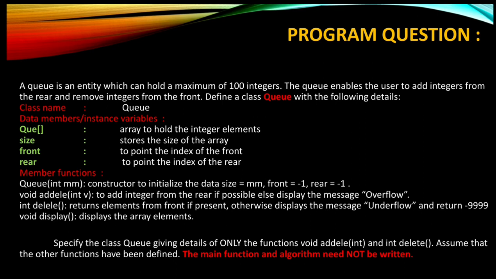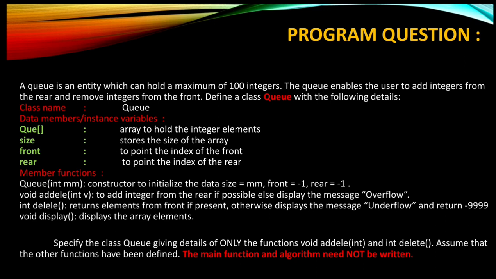Size of array we are having, and front and rear both are the indexes pointing towards front and rear positions. The member functions we are having, that is queue, int stores the size which is kept in size variable. Front should be -1 and rear should be -1 because in present position we don't have any element.